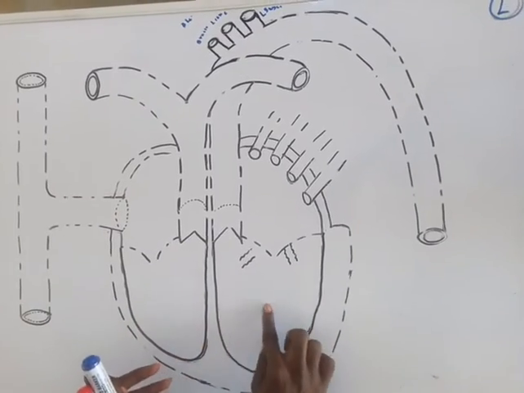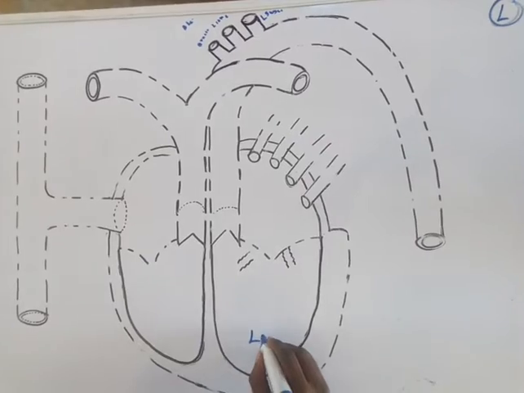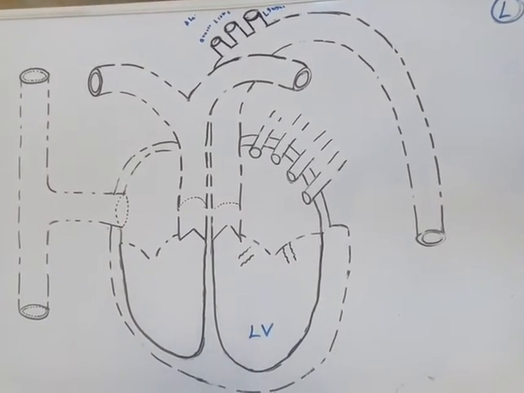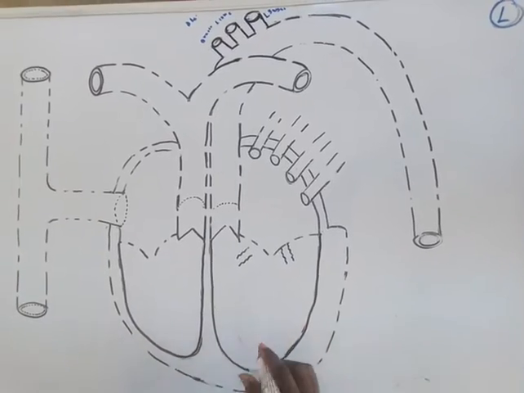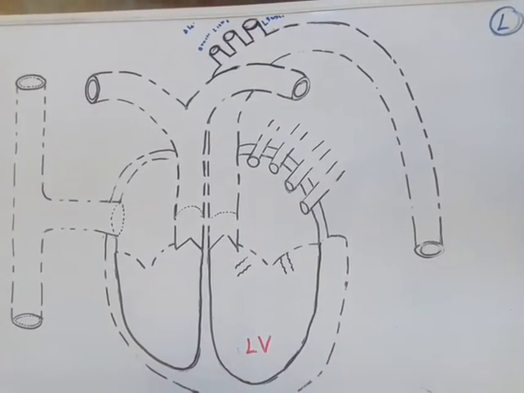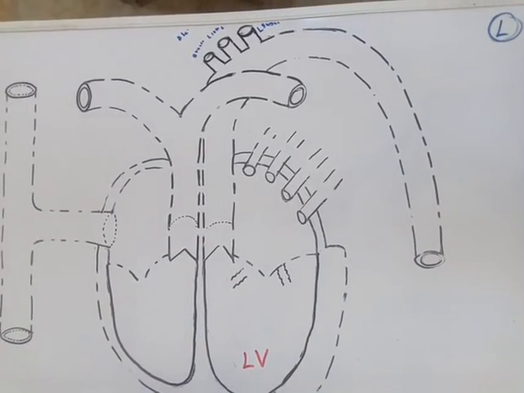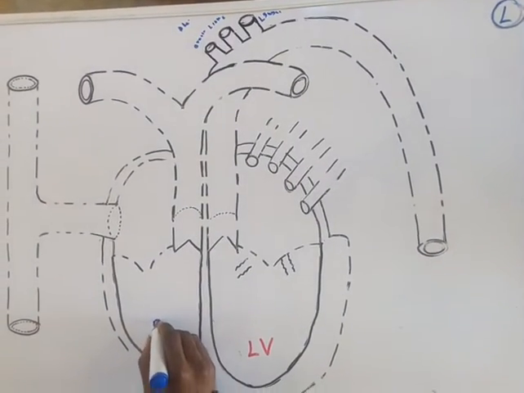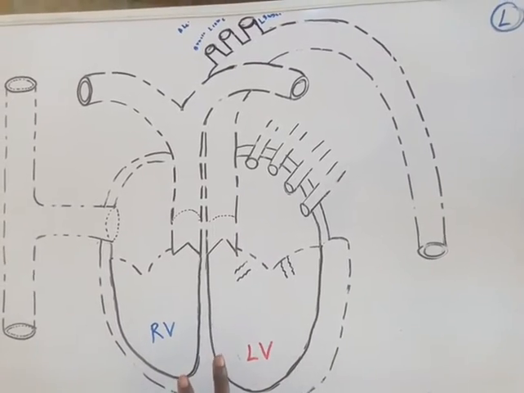This side is the left ventricle. Let me use the red marker. Left ventricle. And this side, labelled right, is the right ventricle.